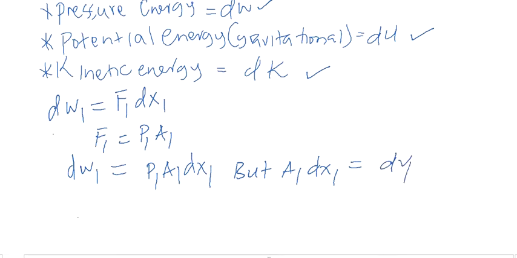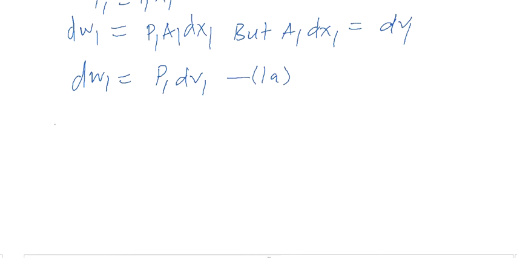Therefore, dW1 is equal to P1 dV1. This is equation 1a. Similarly, there is a force F2 which is opposing the displacement of the mass as it is leaving point 2 of the flow tube.